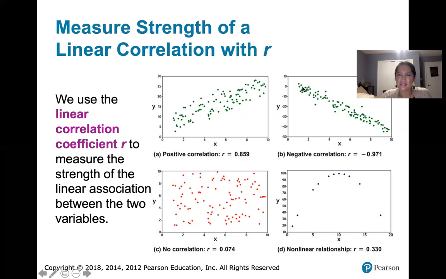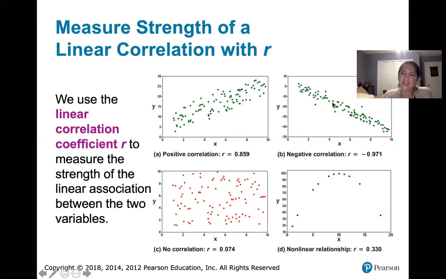Now over here, we notice that these data also line up in a line, but as we go from left to right, as x increases, the y values decrease, so the slope is negative. This is exhibiting what's called a negative correlation. So r is approximately negative 0.971.